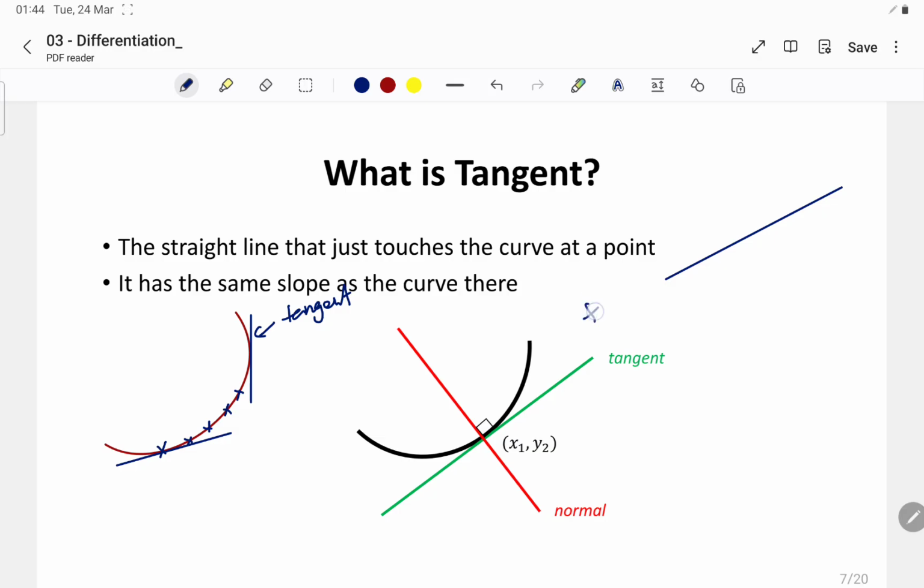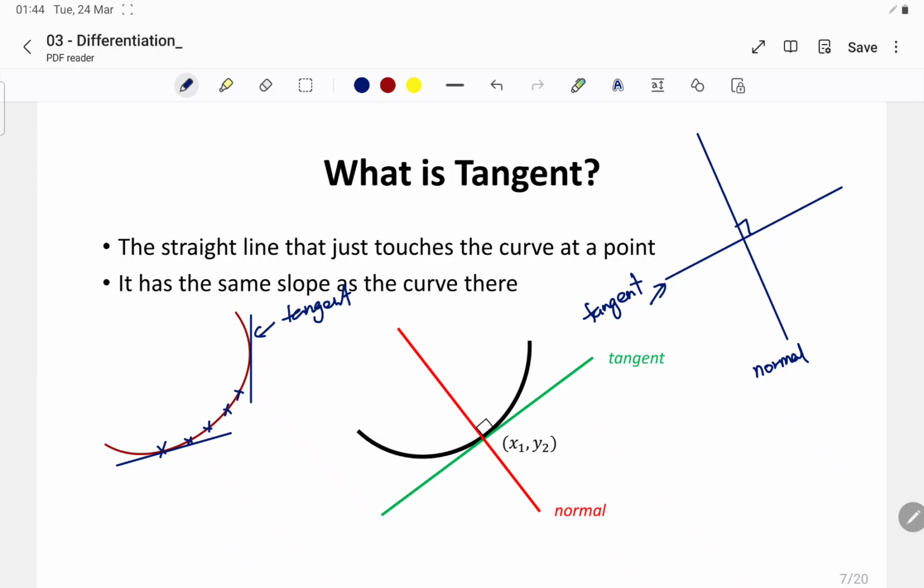When you have a tangent on a curve, by right you also have a normal. This one we call a normal. How to identify it? It is actually a right angle, a line that is perpendicular to the tangent line just now. So this one is a tangent line, right?